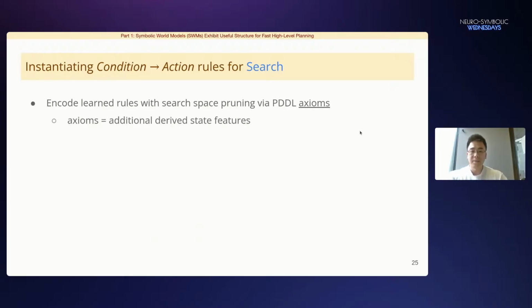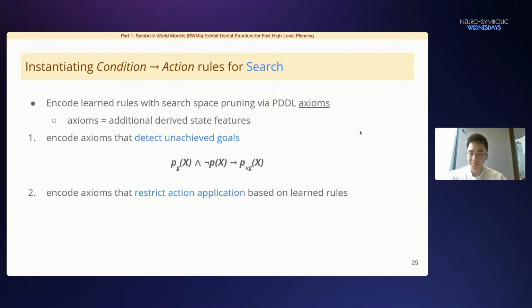Axioms are simply additional derived state features given your initial state. And what we can do is encode axioms that detect unachieved goals. So when a goal is not yet achieved, we can encode an extra feature to say that it's unachieved.